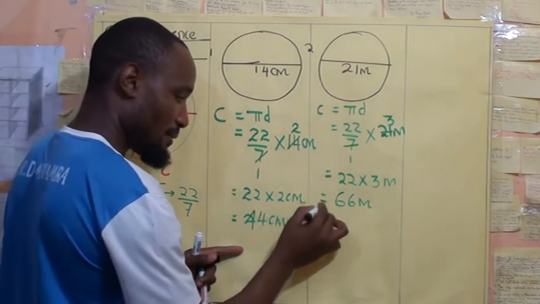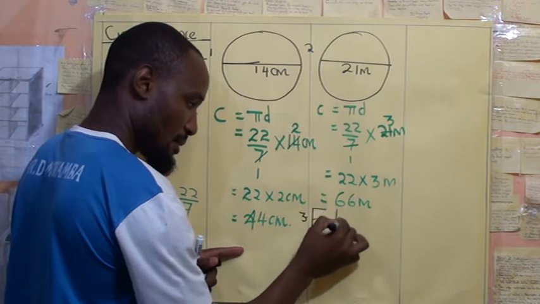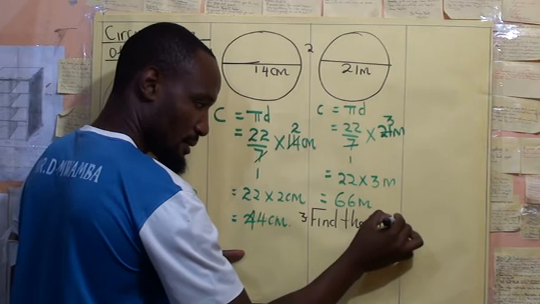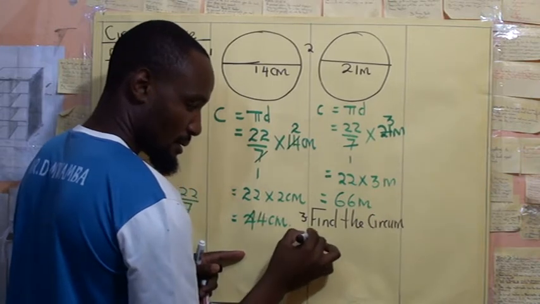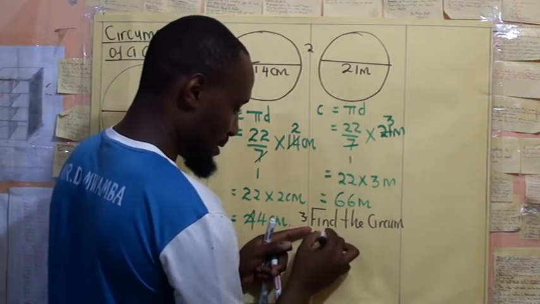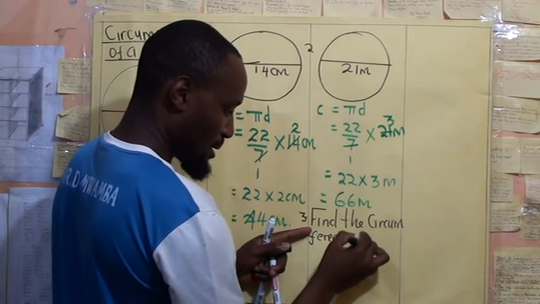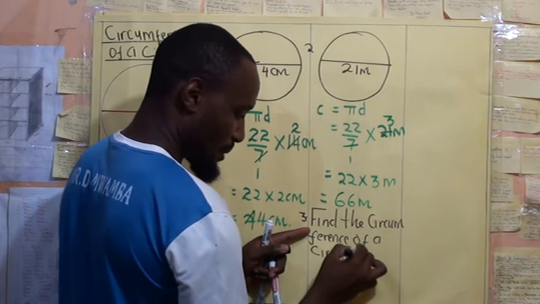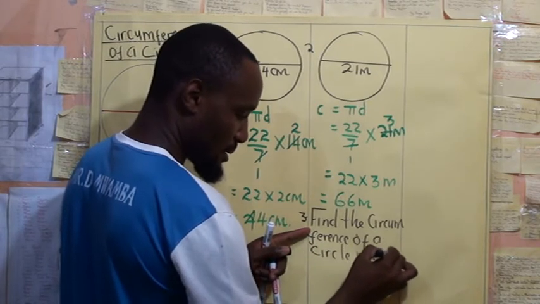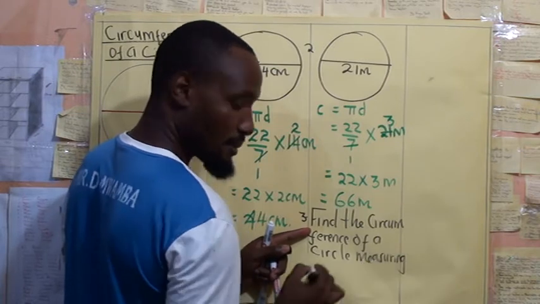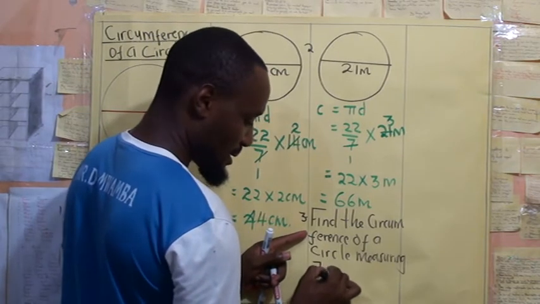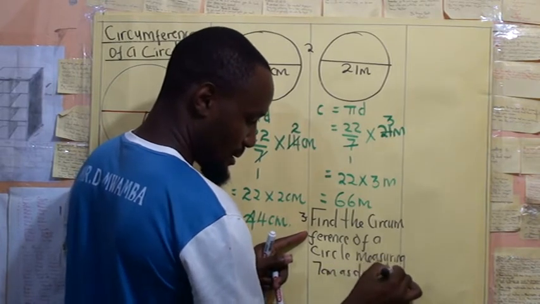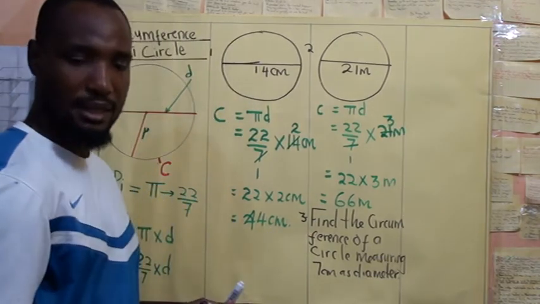It says: find the circumference of a circle measuring 7 centimeters as diameter.